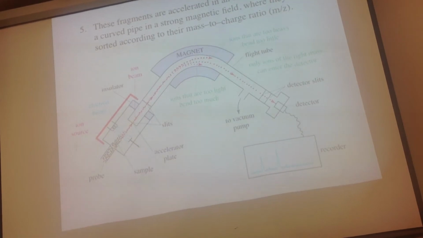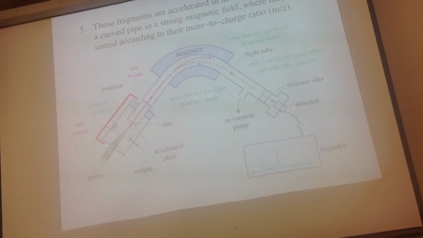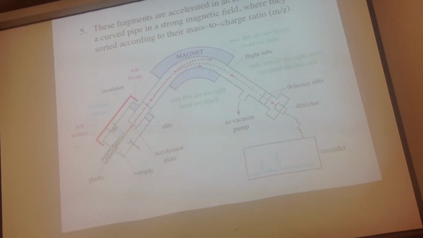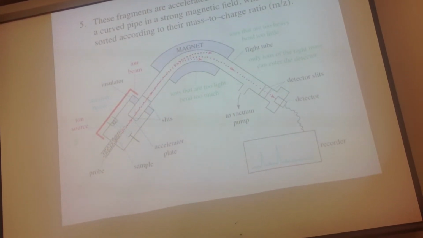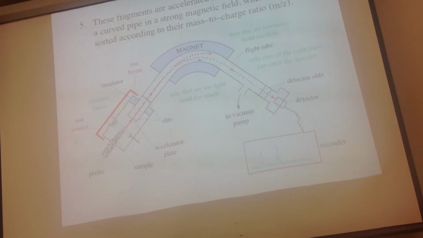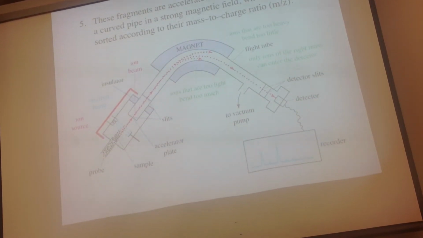They shoot out the end, right here, to a detector, and the detector basically counts them. It will say, okay, at this magnetic strength, I know pieces that have a mass of 100 are coming out. How many are hitting? It counts them. And then if it changes, I know now that pieces that have a mass of 90 are coming out. How many of those are hitting? So it's essentially counting how many hit.